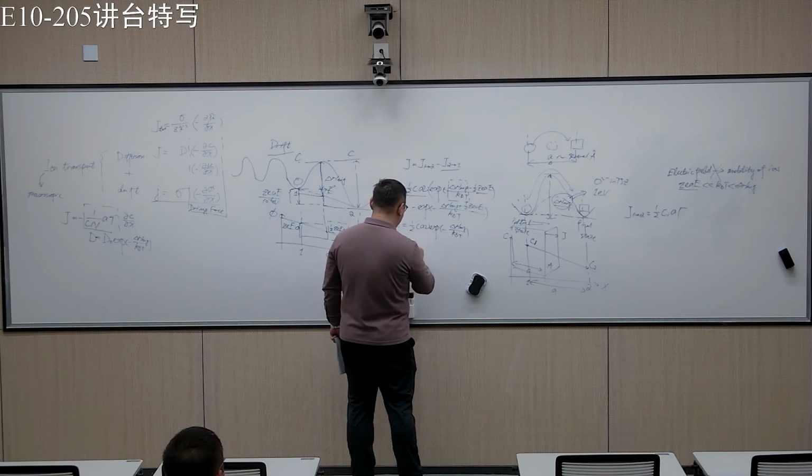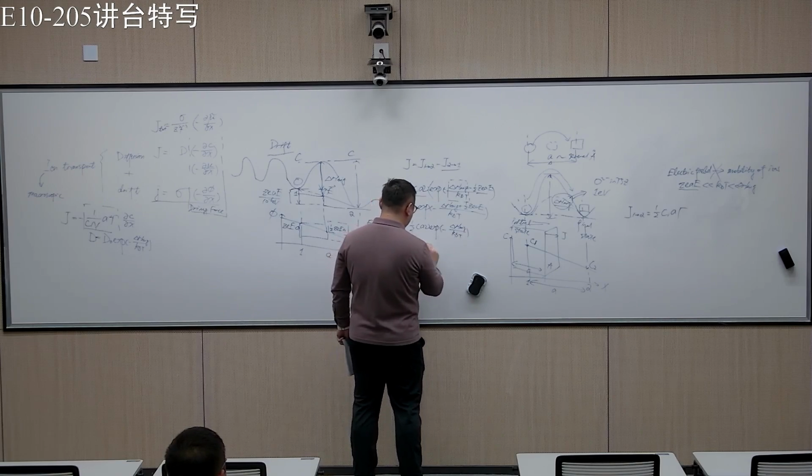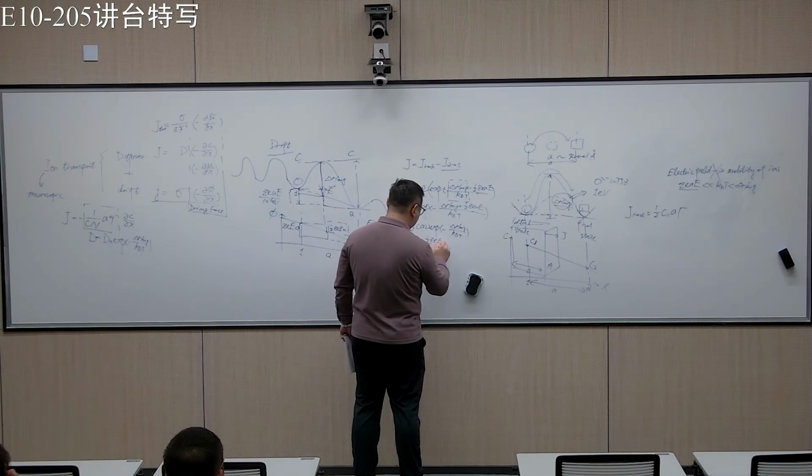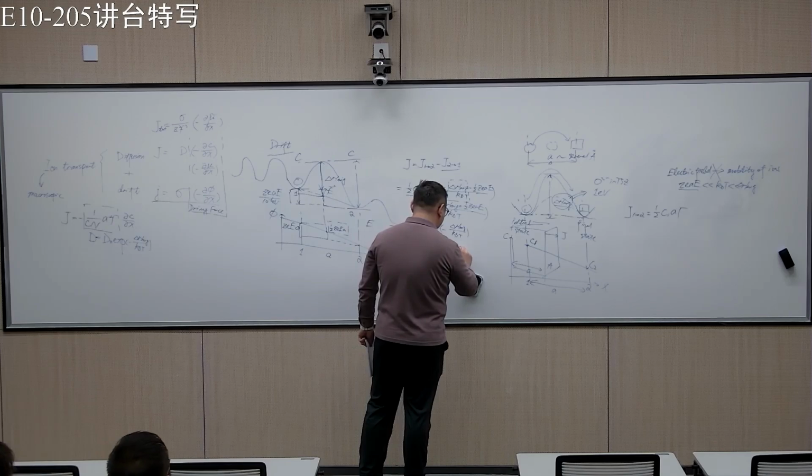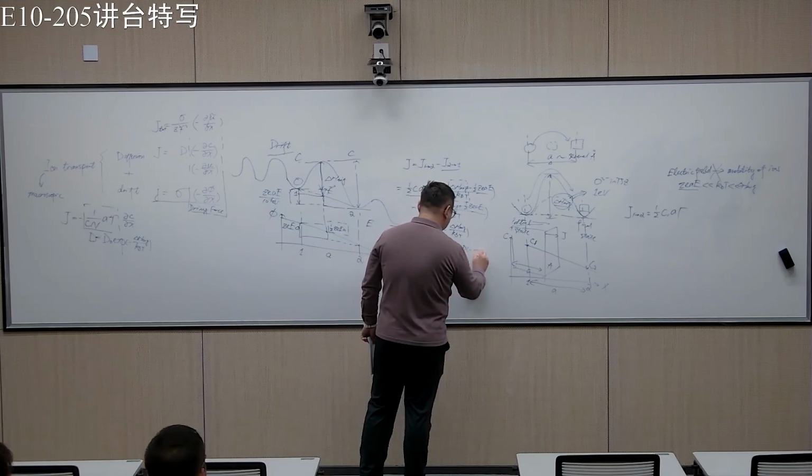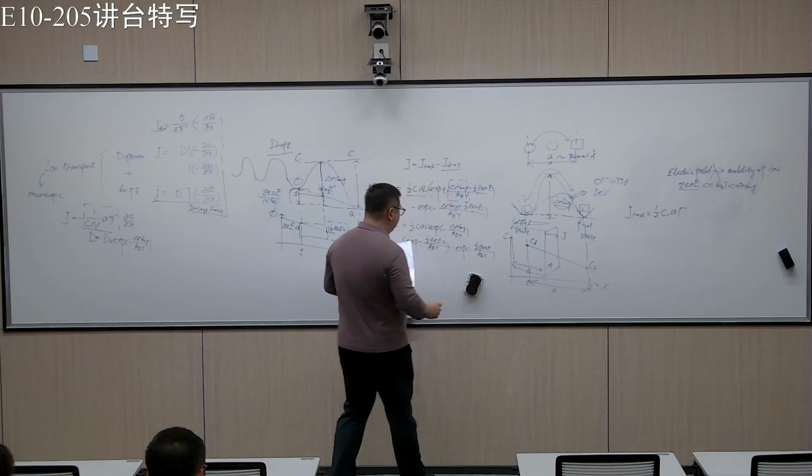Then we have another part, which is 1/2 the EA over kBT minus the same over kBT.